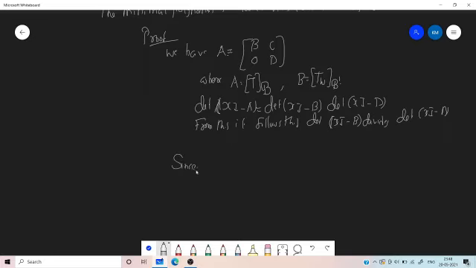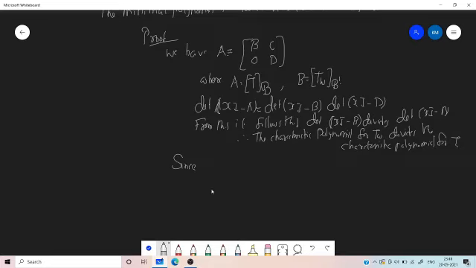Now you have to prove that the minimal polynomial for TW divides the minimal polynomial for T. Therefore the characteristic polynomial for TW divides the characteristic polynomial for T. Okay.